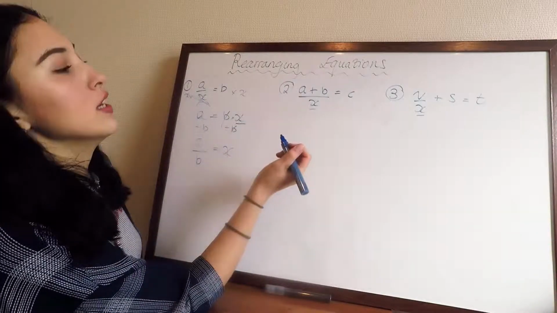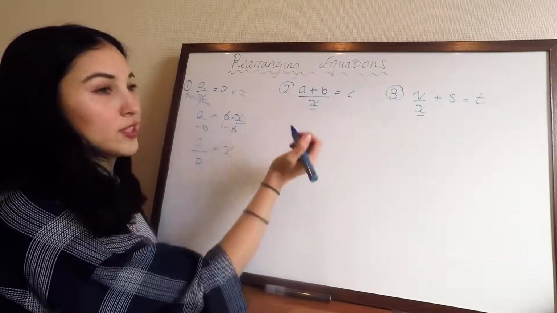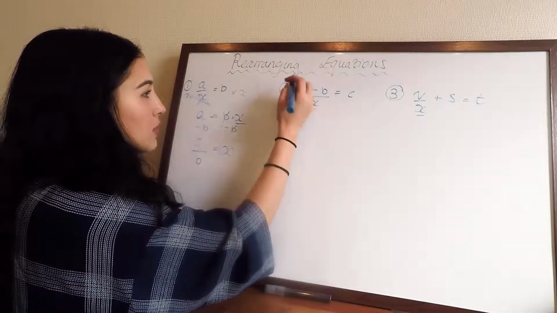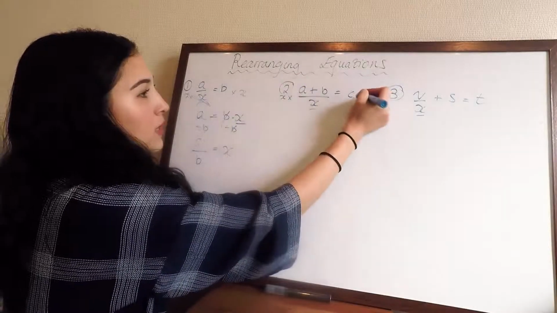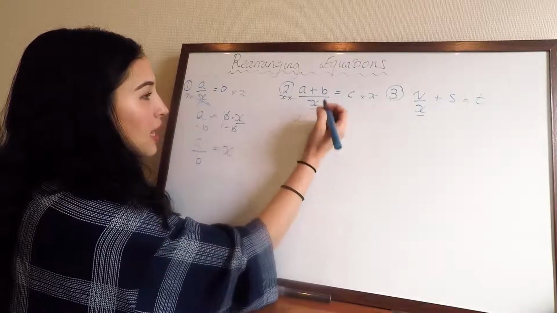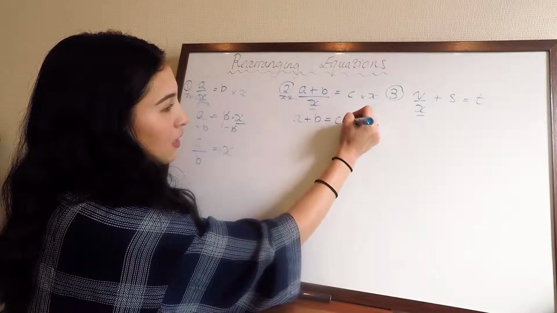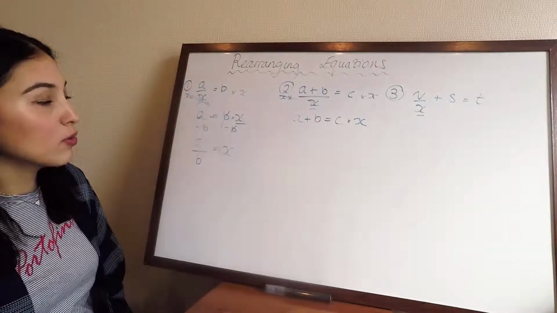Okay, so number two, we're going to start off with exactly the same step. It's not useful to have this x at the bottom right now, so we're going to times both sides by x. These are going to cancel out, so we're going to end up with a plus b is equal to c times x. Okay, so we're almost there.